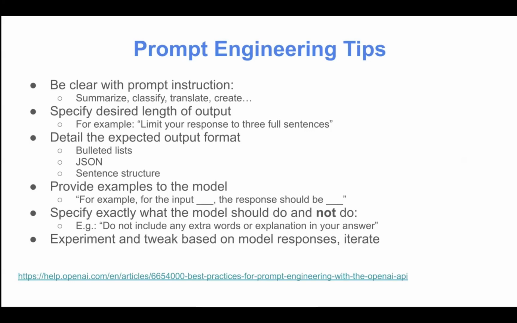If there's a specific case, or a general case, in which you want it to not answer, then you can include that in your prompt as well. The best way to get optimal performance is to incorporate these different techniques, experiment with it, see what results you get, and then iterate on that prompt.